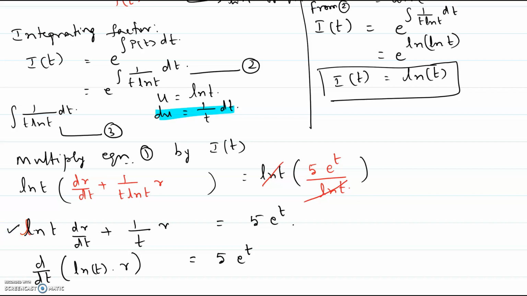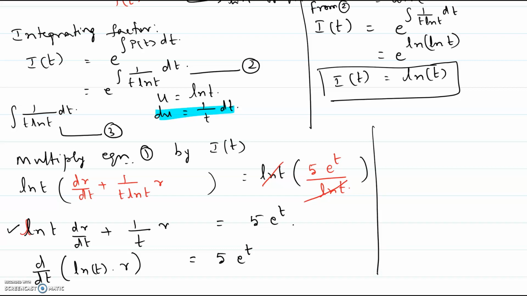So once you multiply the linear differential equation by the integrating factor, the left-hand side automatically becomes the derivative of the integrating factor times the dependent variable.